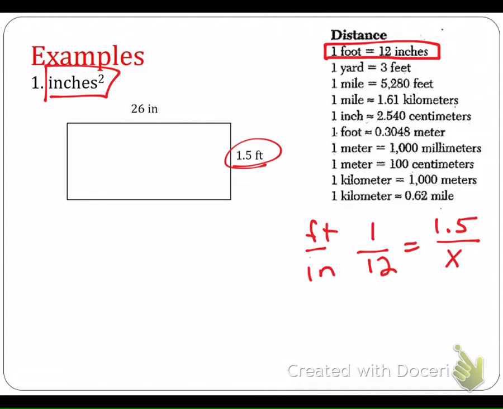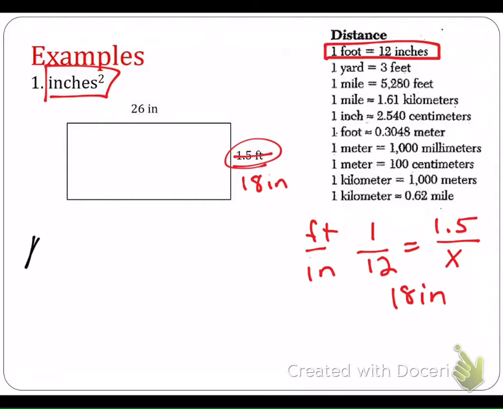So you're basically doing 12 times 1.5. And you are right, we get 18 for our inches. So I am going to get rid of the 1.5. I'm going to make it 18. Okay? Now I can take it to the next step and actually find the area.